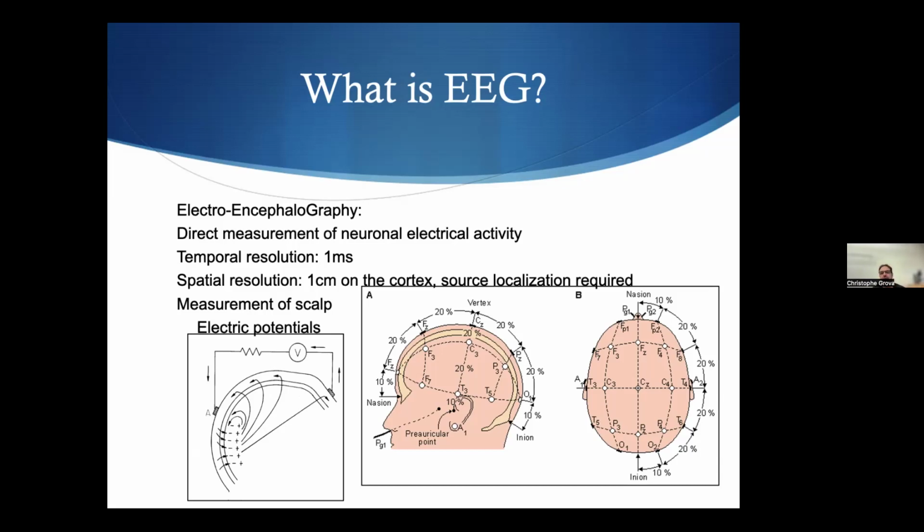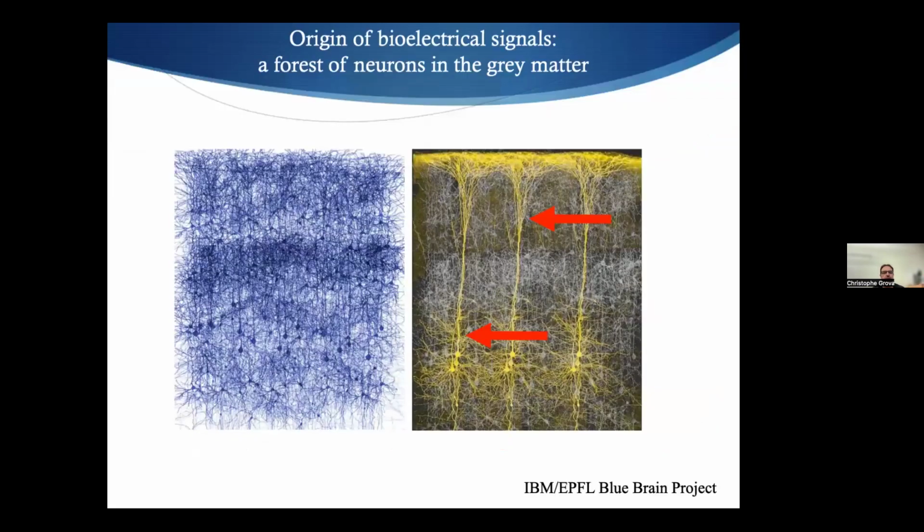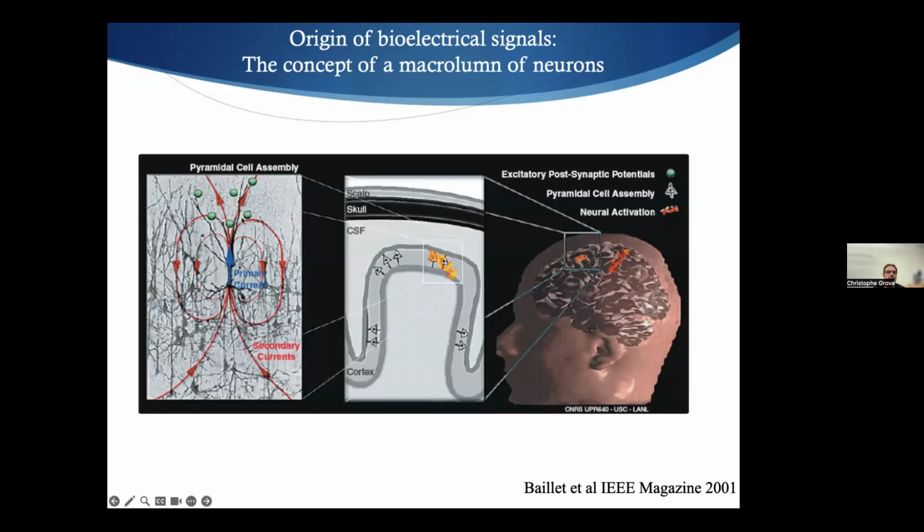These are slides I showed you the other days, so I'll go very briefly. What we are measuring is the summation of neuronal activity, mainly local field potentials, summed over something that looks like a macrocolumn of neurons. We simplify this big macrocolumn of neurons by putting one main current dipole summarizing the activity of all that column.